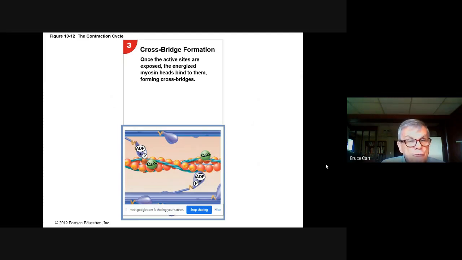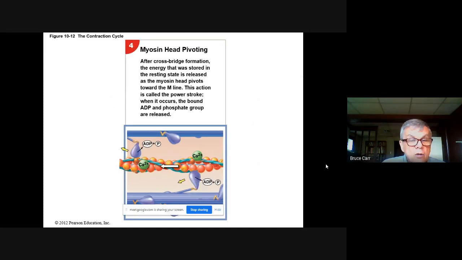So that's the first step after unlocking. You bind. The binding causes that myosin head to flex toward the midline. There. I'm going to go back. This is the power stroke, moving it 1 unit closer to the midline. So bind, flex.